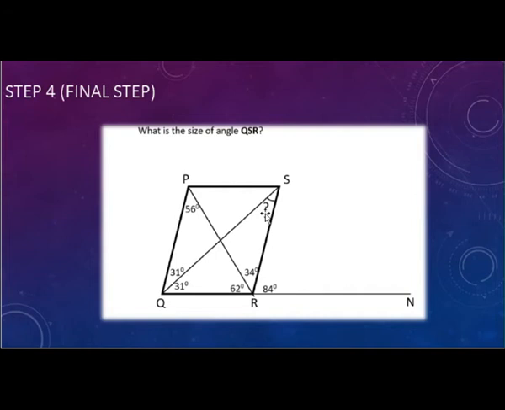So what we are going to do is use this triangle here, and this line here and the exterior angle here to get this angle we want. So follow me in the next step to get the answer.